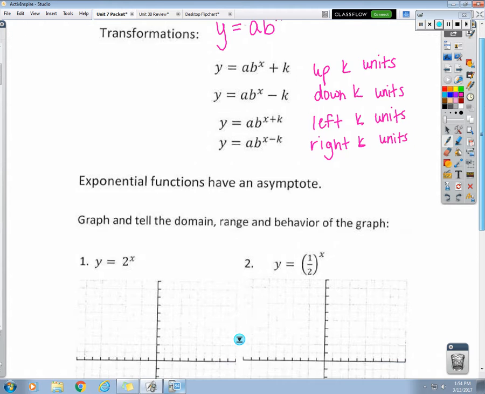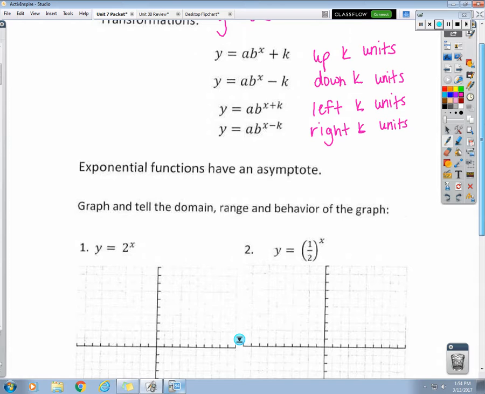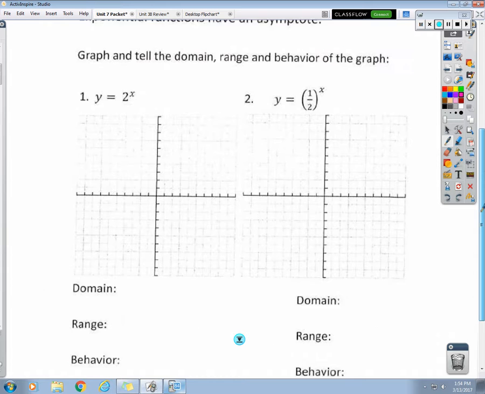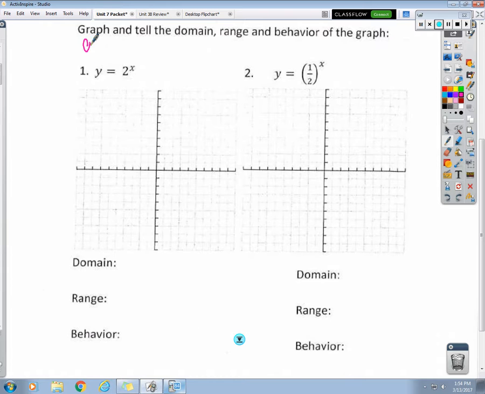Okay, so we're going to graph it and tell the domain, range, and the behavior of the graph. For this one, what's the A value? What's the B value? So is it a growth or decay? A growth. Where's the y-intercept? 1 is where it's going to cross the y-axis.